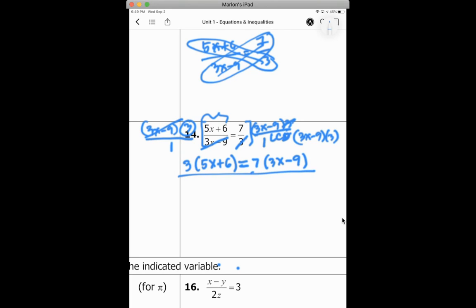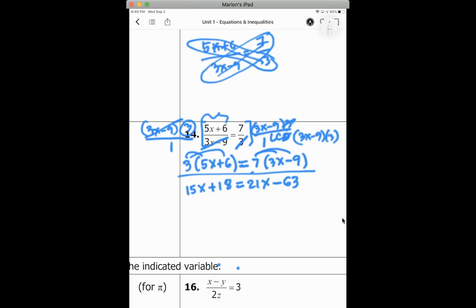So let's simplify again. 3 times 5 distribution, 15x. 3 times 6, 18, equals 7 times 3, 21x. 7 times 9, of course, that gives you a negative 63. Right? So let's combine like terms.